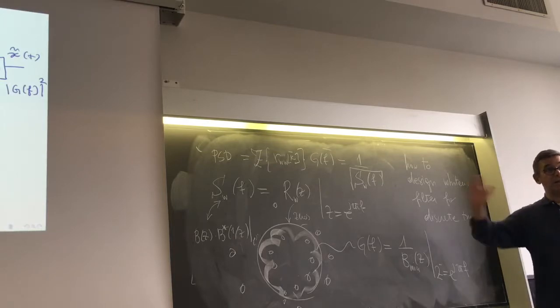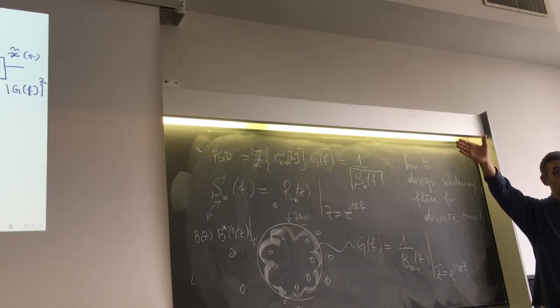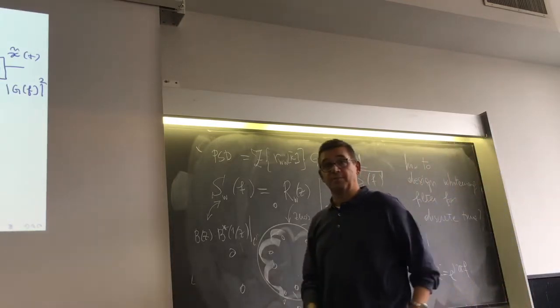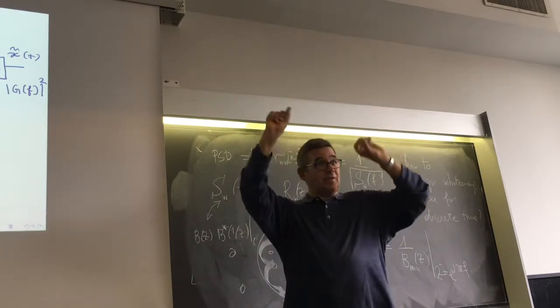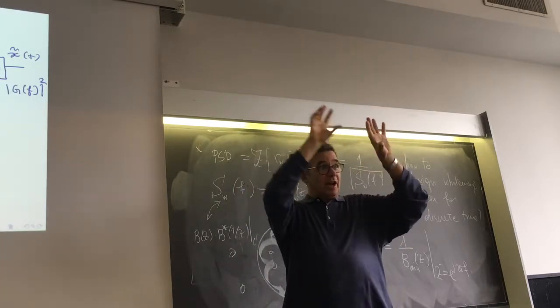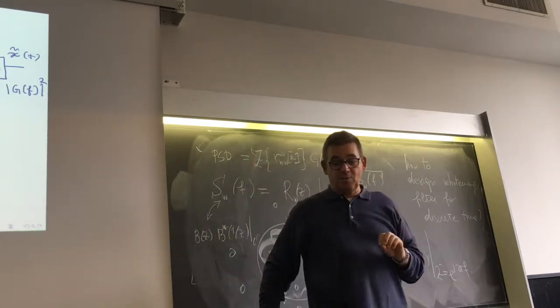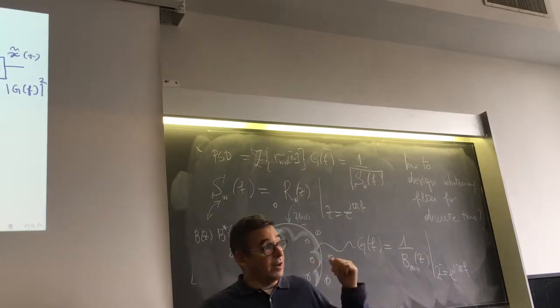And where do I need this whitening filter? To calculate the maximum likelihood in case the noise is correlated. So now the pieces of the puzzle, what I'm doing, I'm attaching the pieces of the puzzle one by one. Okay? Clear on that?